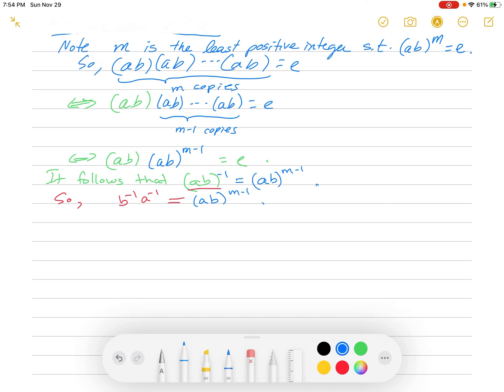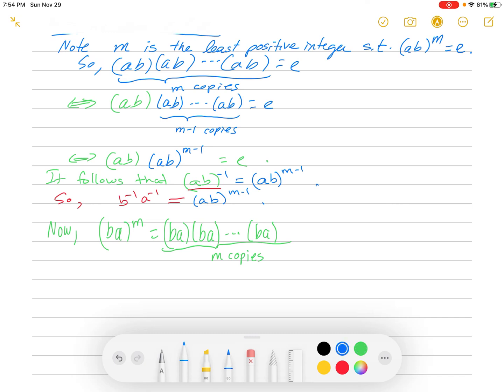So now what I'm going to do is focus on the BA to the M power. What does that mean? That means I'm copying down BA a bunch of times. How many times? M copies of BA.